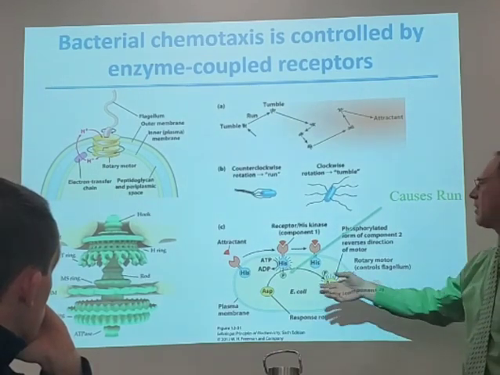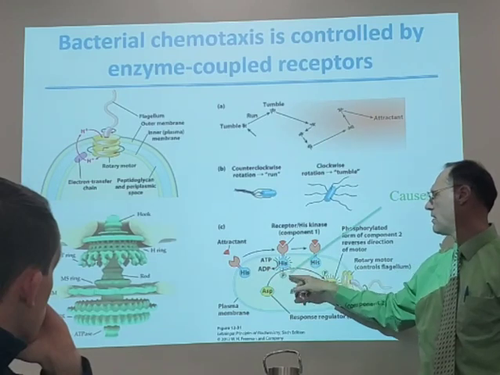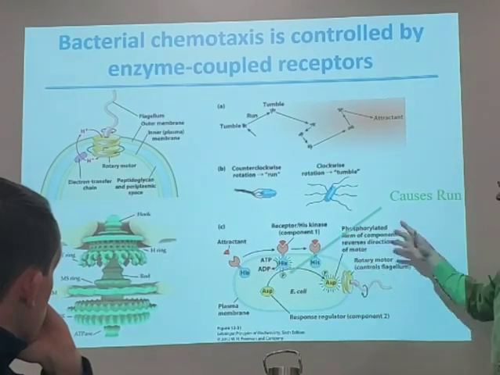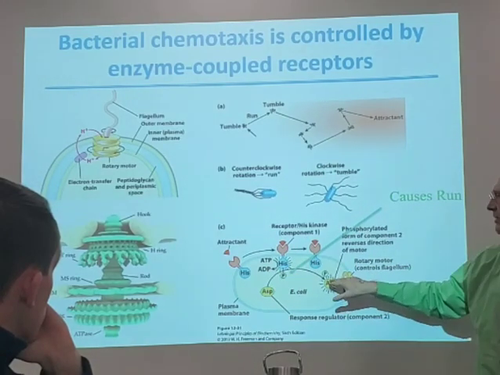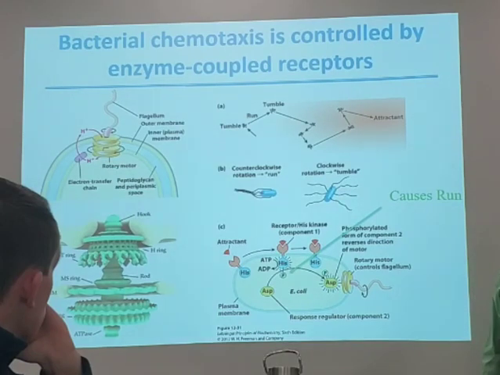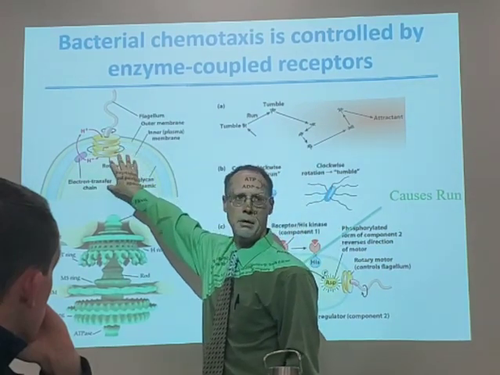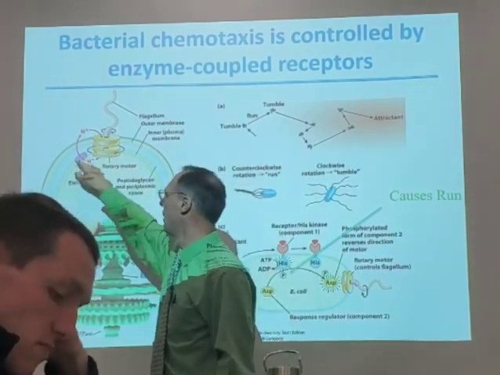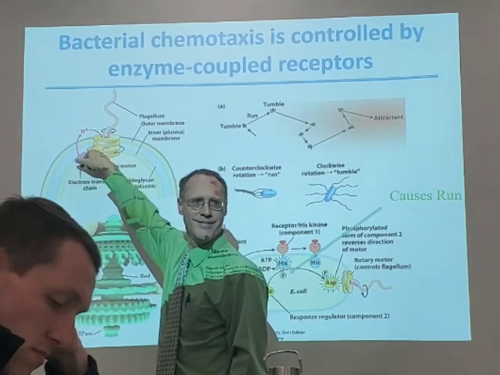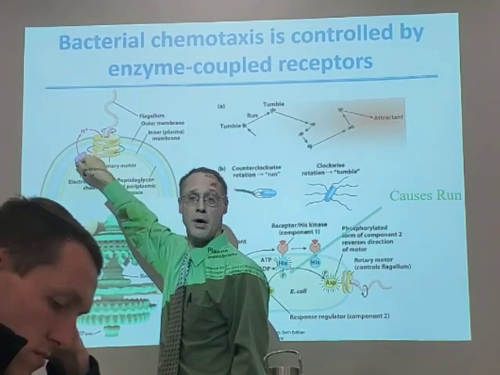How is it doing so? It's promoting this phosphorylation event, which ultimately leads downstream to this aspartate being phosphorylated, which affects the motion of this rotary element. Okay, this is an electron transport chain that's powering it with protons.